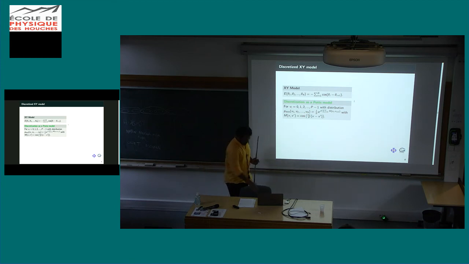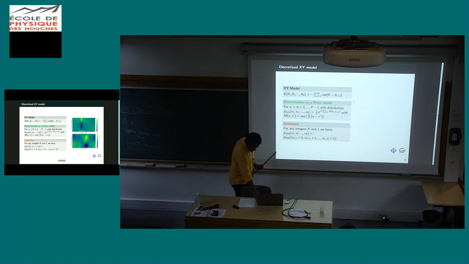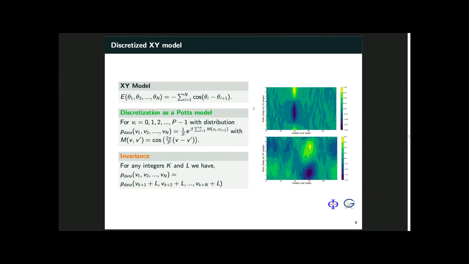And now the weight is not just a number, but each weight has 10 components associated to it, because there are 10 Potts states here. This model has an invariance: for any integers k and l, you can move them around on the lattice and change the theta as well, and it doesn't change anything. Now when you train the RBM, these are the results you see.